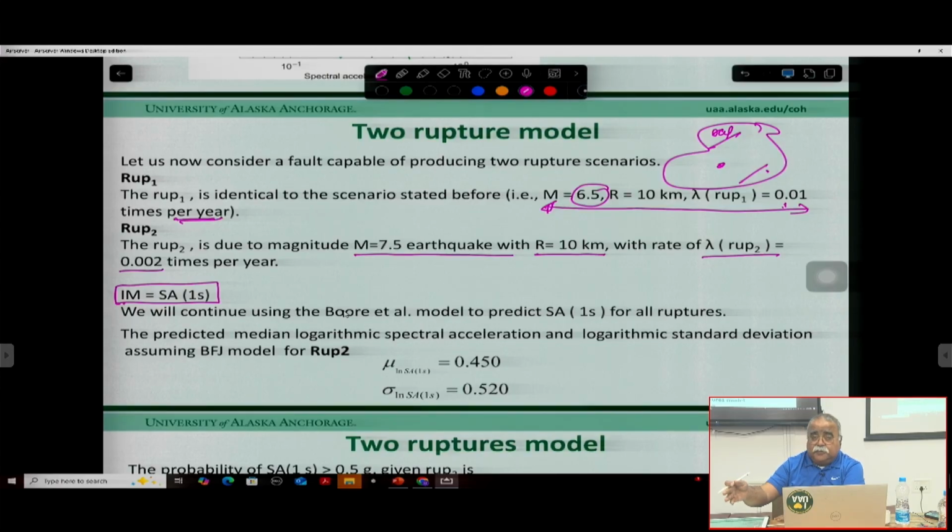For the first rupture, we already know mu ln SA and sigma ln SA. But for rupture 2, if we can calculate, these will be 0.450 and 0.520, right? These are the two values we can use for rupture 2.